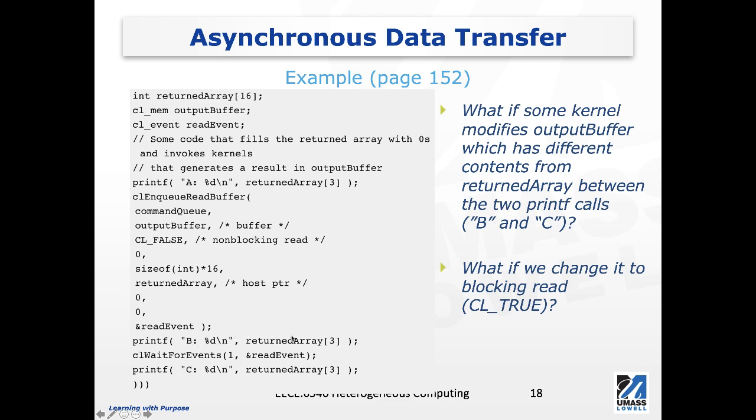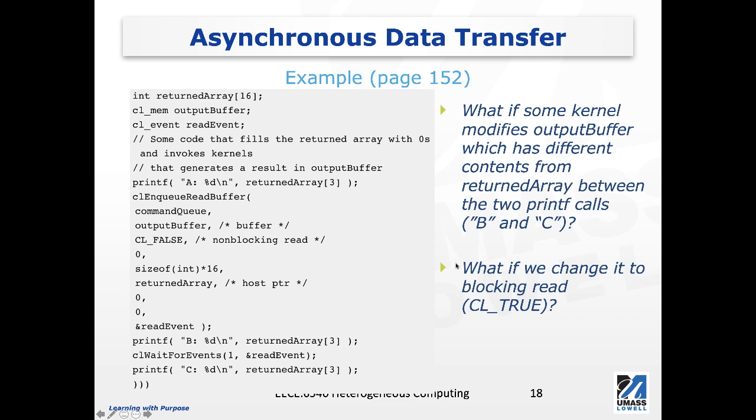We do not know if this initial value 0 is going to be overwritten with the data from the output buffer. And because we have the CL wait for event, read event, this will block until this read buffer operation is completed. So the final printf will for sure print out the correct result from the output buffer.